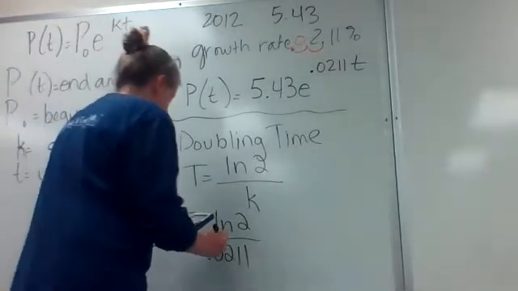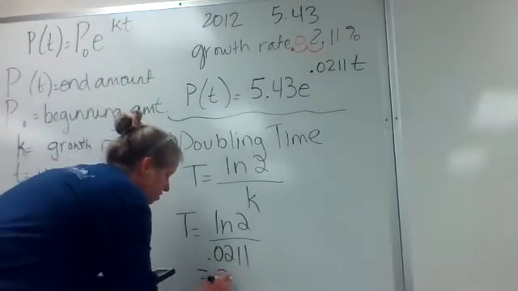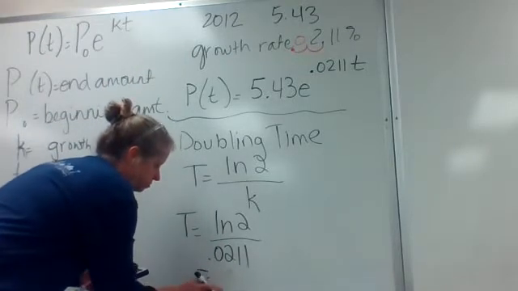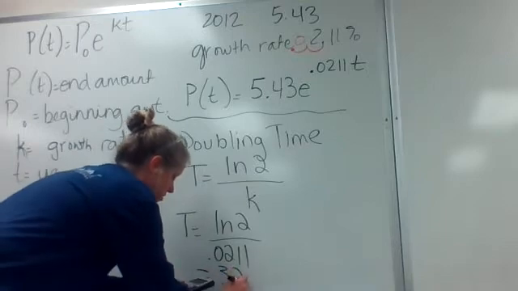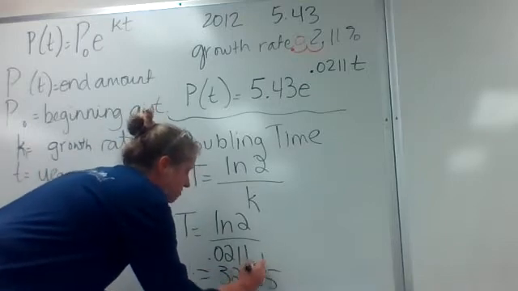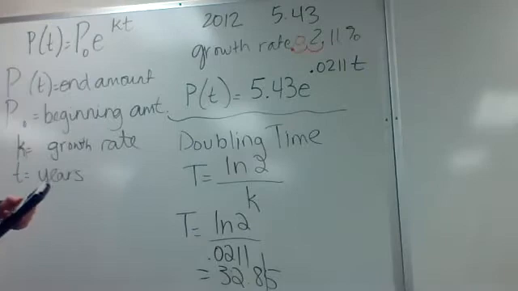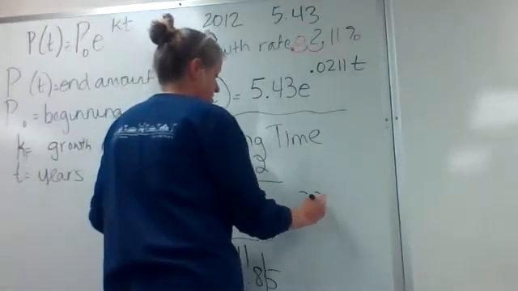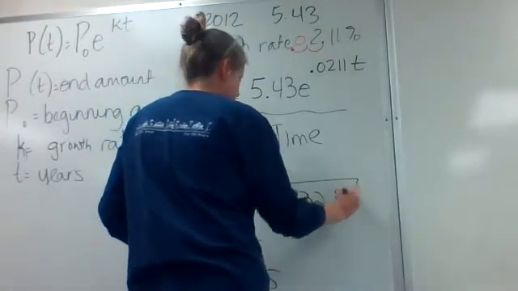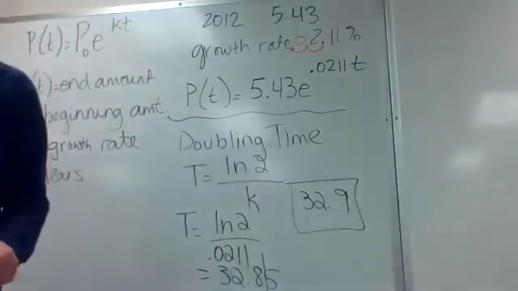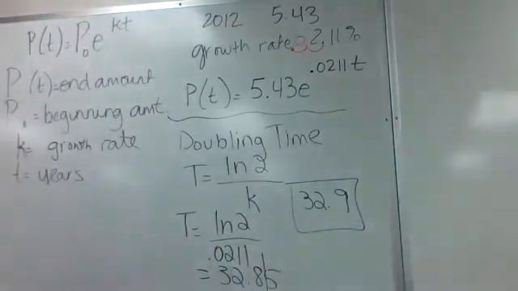So I got 32.85. So if I round that to one decimal place, it'll be 32.9. So if the population is growing at 2.11%, it's going to take it 32.9 years to double.